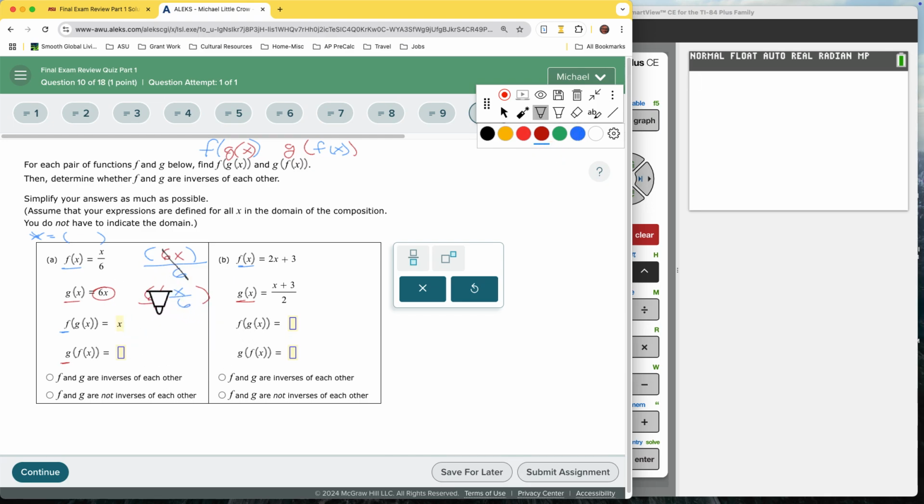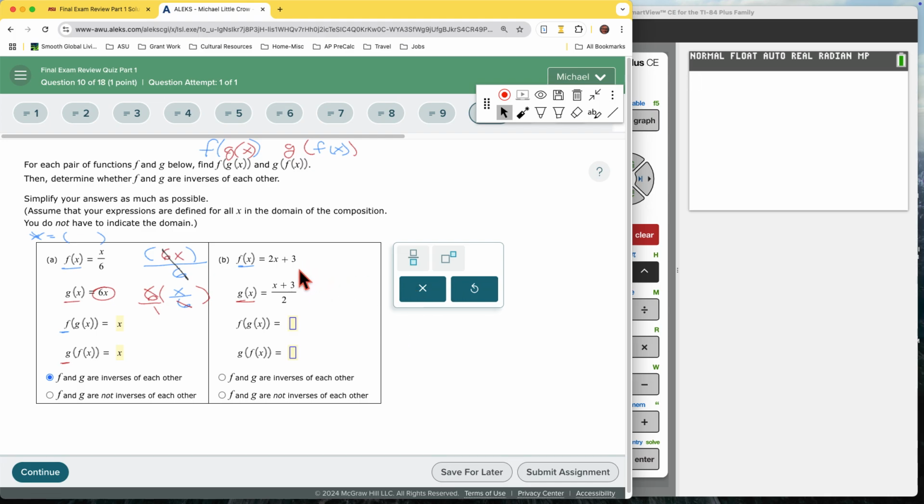So 6 divided by 6 is 1, and 1 times x is x. So this one also ends up being x. When both compositions end up being x, these are determined to be inverses of each other. Okay, so they are inverses.